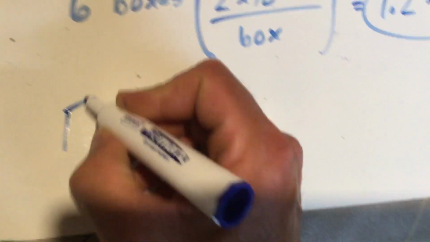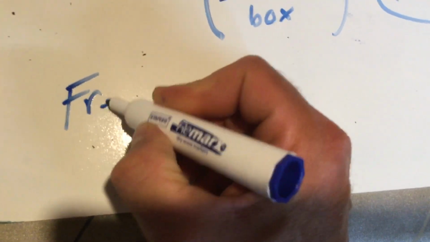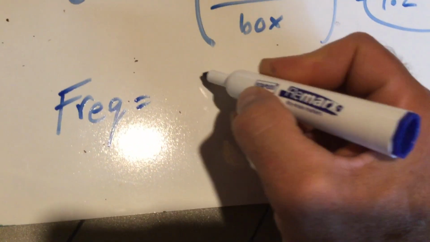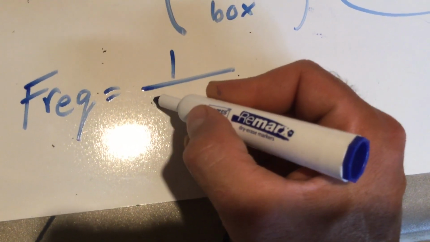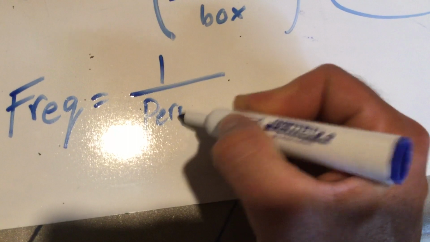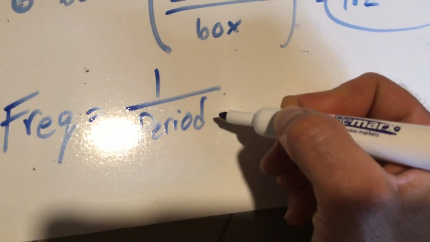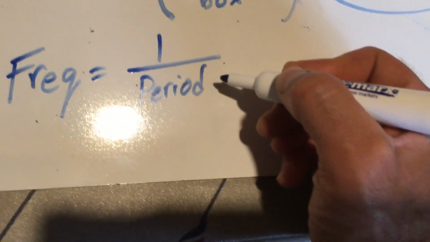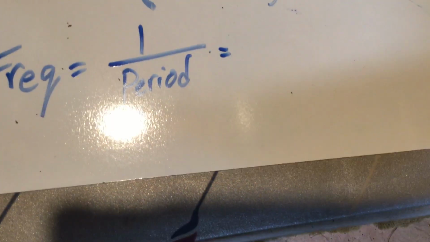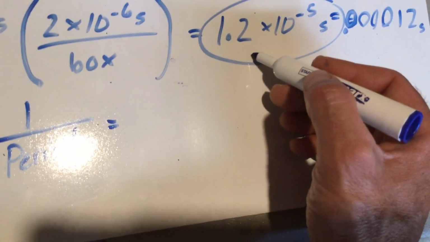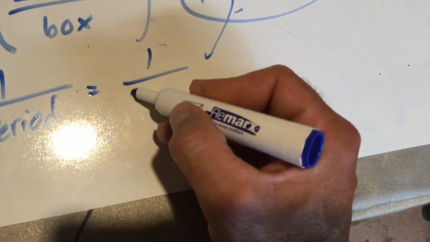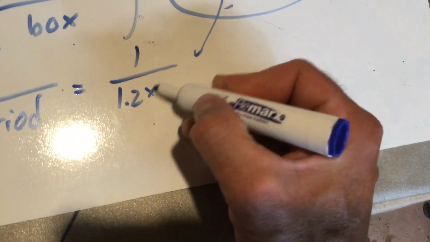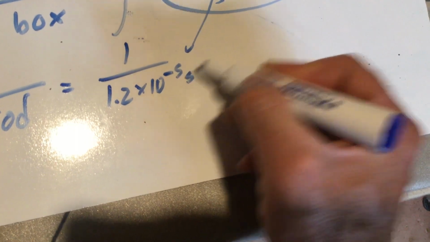So here's the way you figure it out. If you want to know what the frequency is, all you're going to do is take the number 1 and divide it by the period, or the time for one wave that we just found out a little while ago. So we're going to take the number from up here and we're going to put it on the bottom. So 1.2 times 10 to the negative 5 seconds.